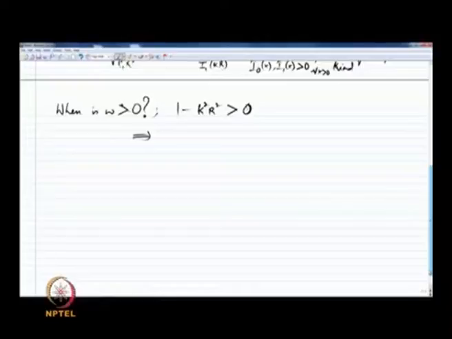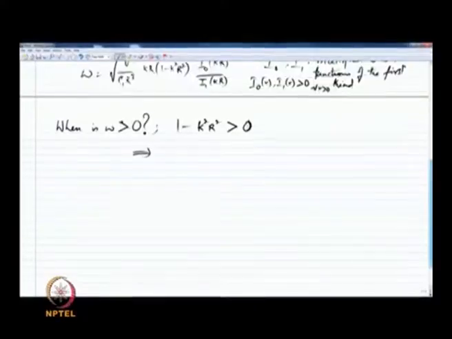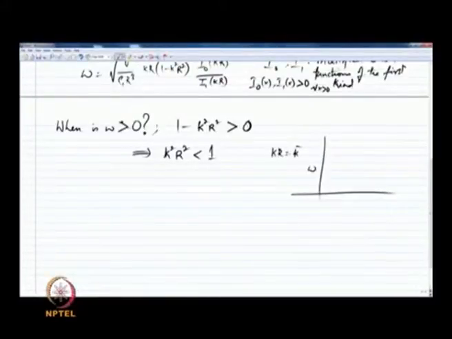So, this implies k squared r squared, which is a non-dimensional wave number. So, if I was to plot omega versus k, the number 1 on this k bar has a meaning.